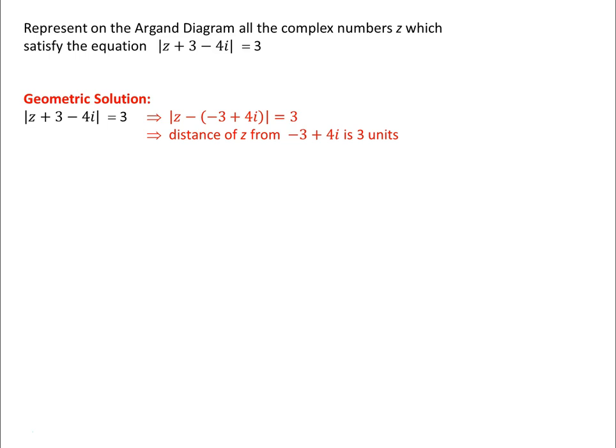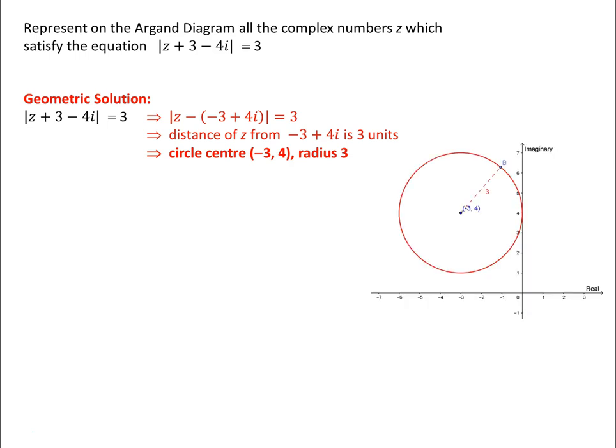So I want all of the points which are 3 units away from the point minus 3 plus 4i, and that is simply going to be a circle of radius 3, and the centre has got to be the point representing minus 3 plus 4i, in other words the point minus 3, 4. So there is the locus of all of the points satisfying the modulus of z plus 3 minus 4i equals 3.